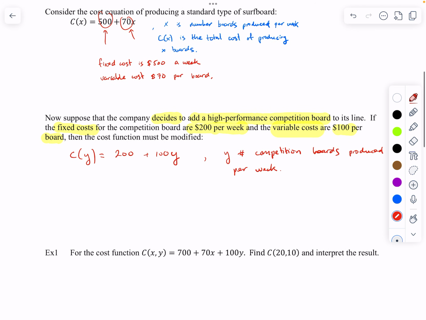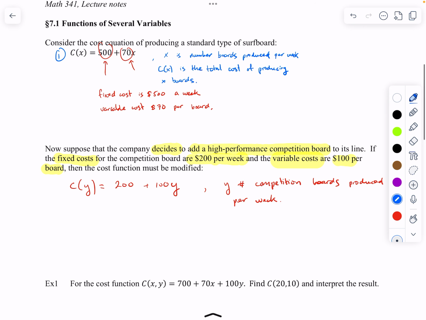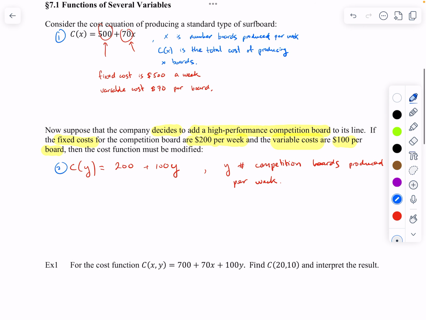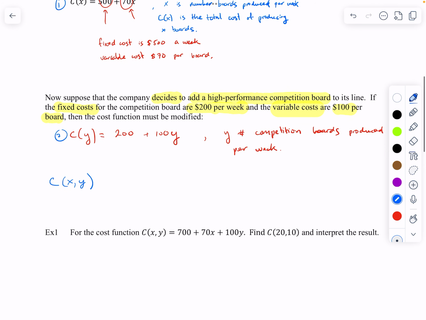Now, if we combine that with the C of x, we can come up with a new equation. Let's call that C of x comma y. This stands for the total cost of the company producing two types of boards per week.